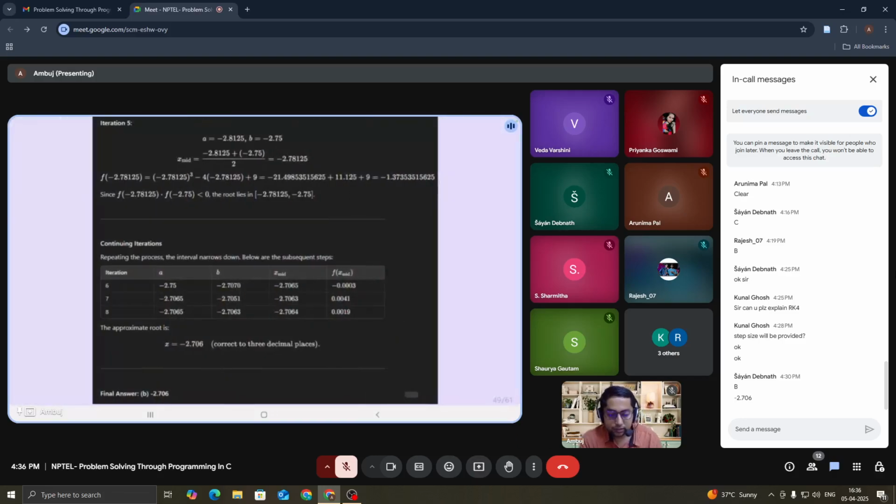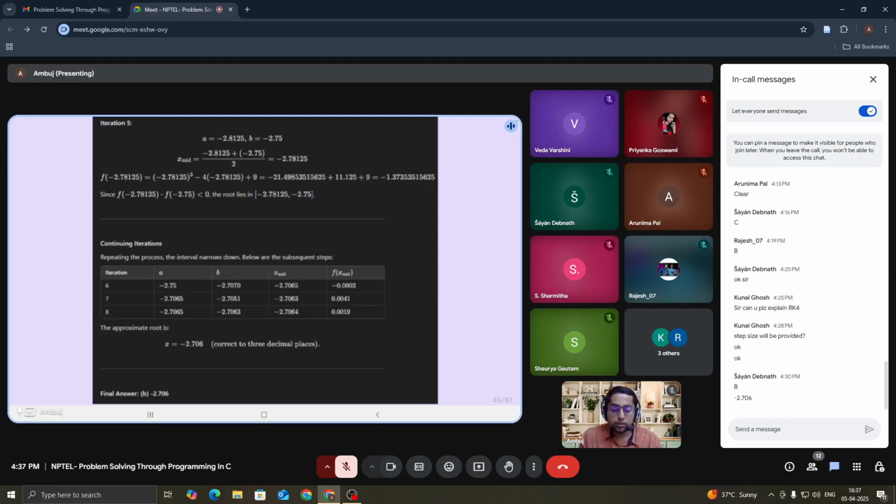Similarly, we will proceed at iteration 5. A will be equal to minus 2.8125, B will be equal to minus 2.75. Then when you calculate, you will directly reach the value x mid as minus 2.7815125. Okay. So that will be the root, up to an appropriate margin of error.